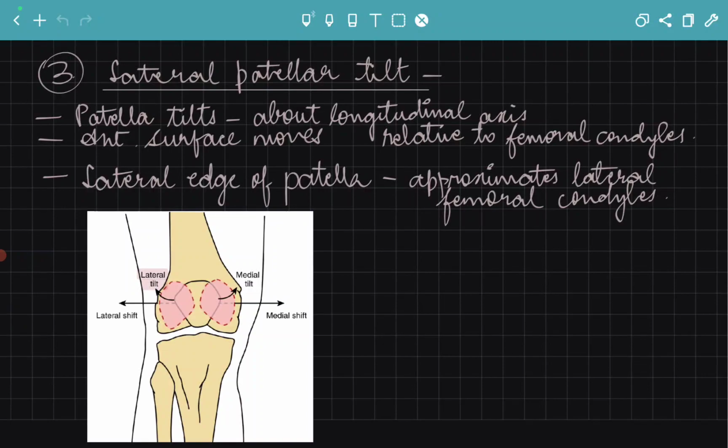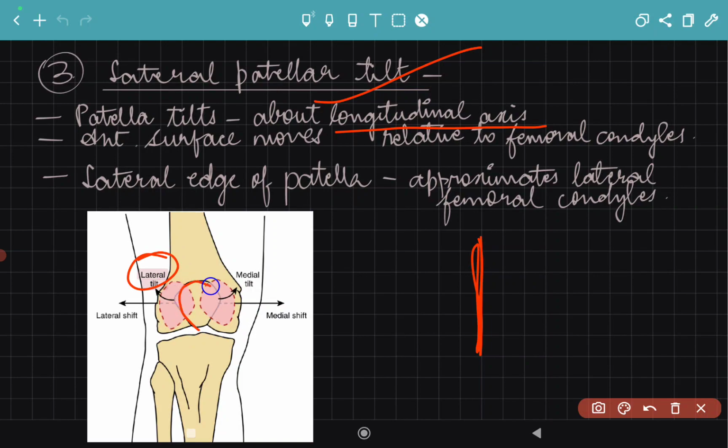Now moving on to lateral patellar tilt. The patella tilts about the longitudinal axis. We can appreciate this if we consider the lateral tilt. This is the normal position of the patella, and the patella is tilting laterally, to this side, as this is the lateral side and this is the medial one. In this patellar tilt, the anterior surface of the patella moves relative to the femoral condyles.